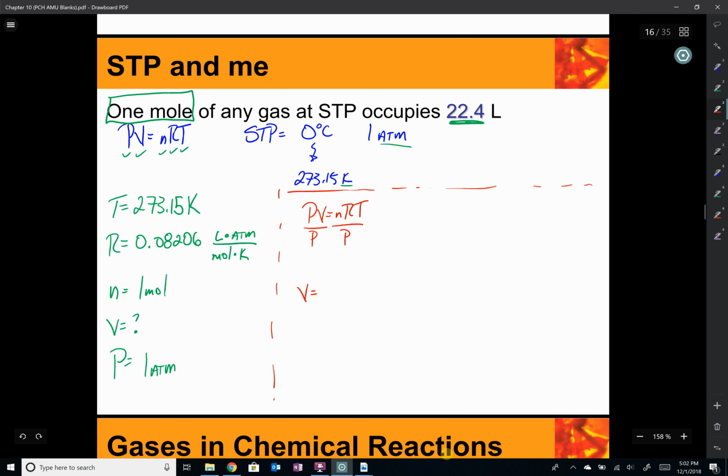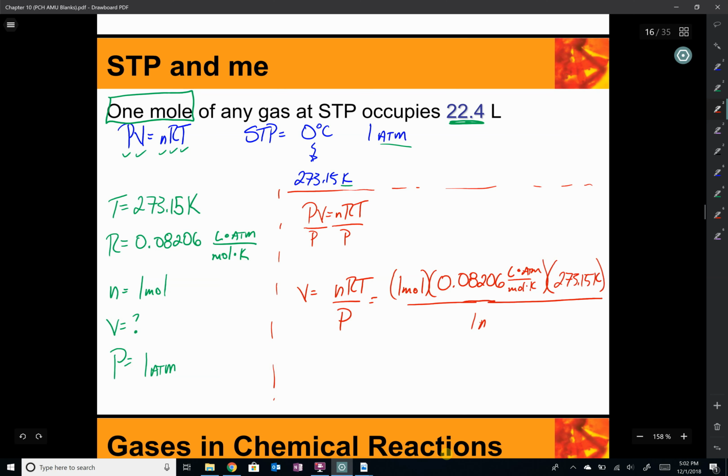So volume equals nRT over P. Now I just fill in my data: n is 1 mole, R is 0.08206 liters atmospheres per mole Kelvin, T is 273.15 Kelvin, over pressure, which was 1 atmosphere.